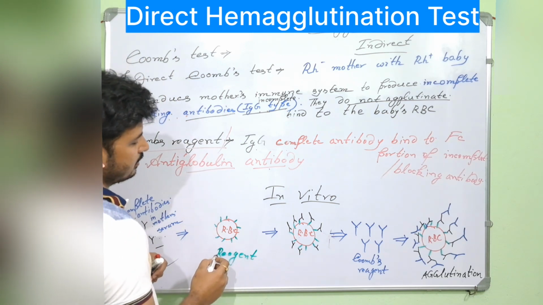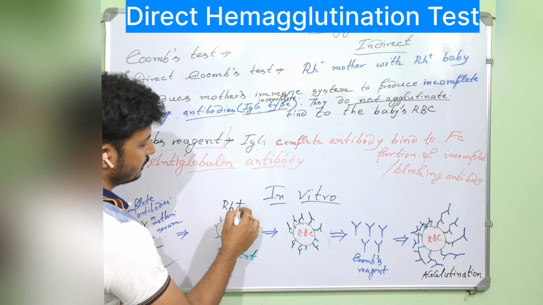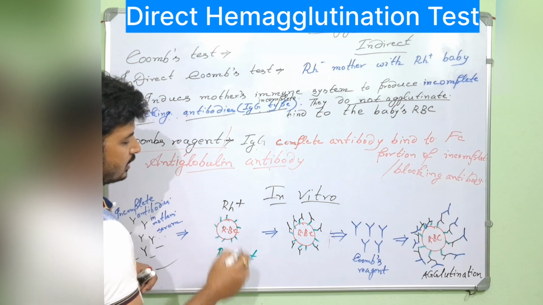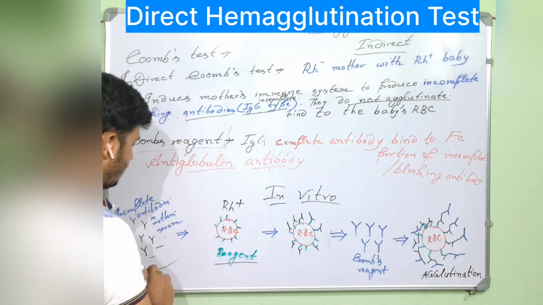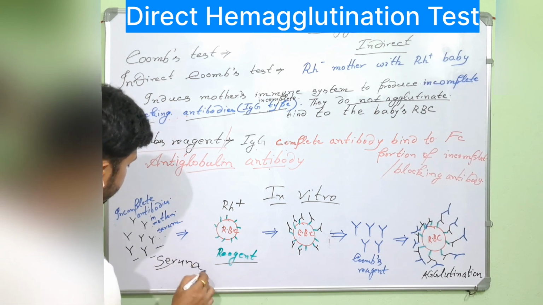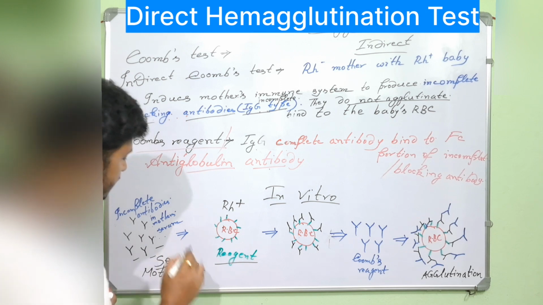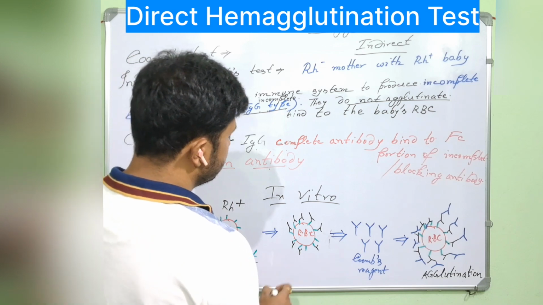Now the reagent used here is the RBC containing Rh antigen. So the green ones are the Rh antigen, and this is the RBC, like the previous picture. So you have this reagent, and you have the mother's serum after the first delivery. Now when you add this reagent, what will happen?